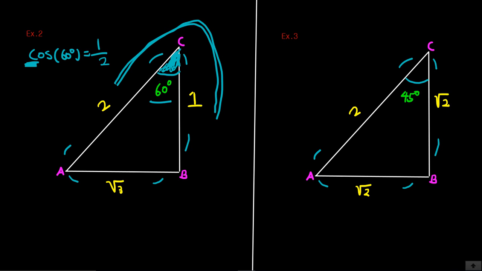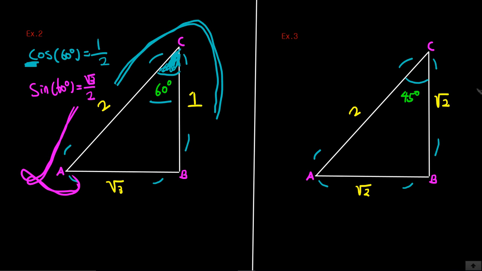So let's think about it in terms of sine. For sine of 60 degrees, it starts from a hypotenuse, and it will go all the way down. This is S for initial value of sine. So you will start from 2, which is going to be the denominator, and the ending line in the numerator, which is square root of 3.